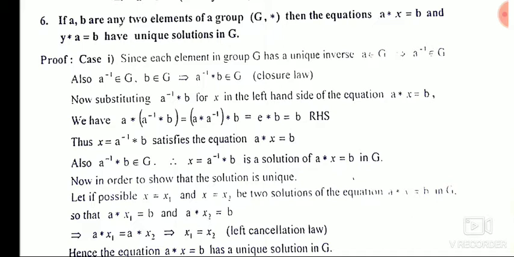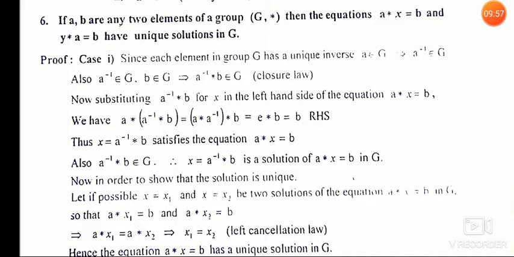So case 1: since each element in group G has a unique inverse. We already proved that each element in group G has a unique inverse and there will be a unique identity, right? So we'll start with that.